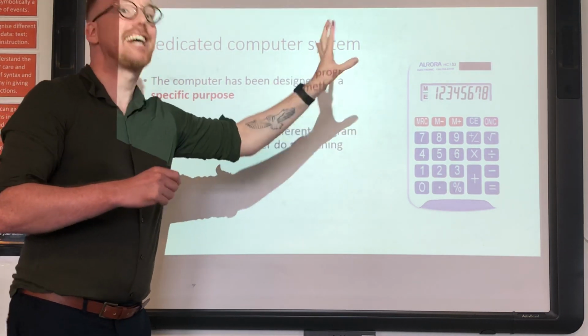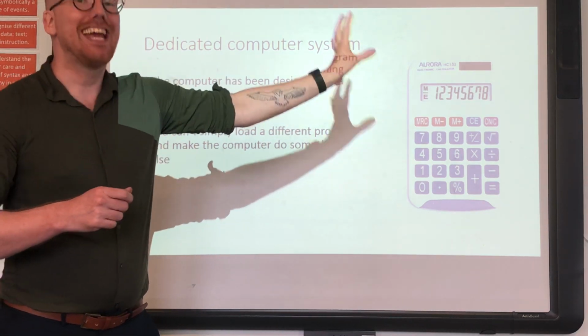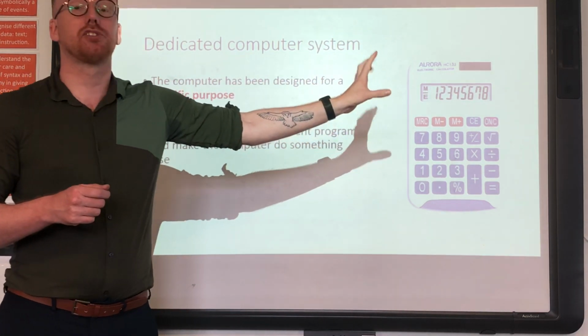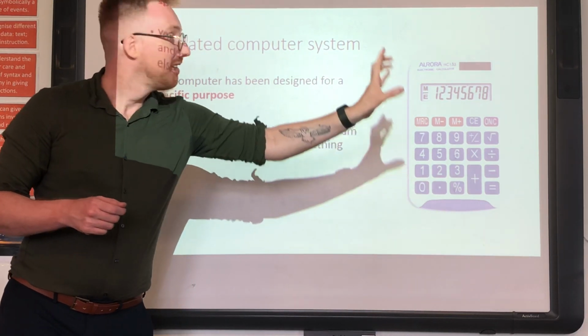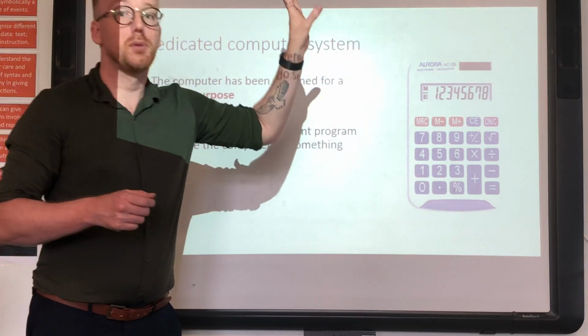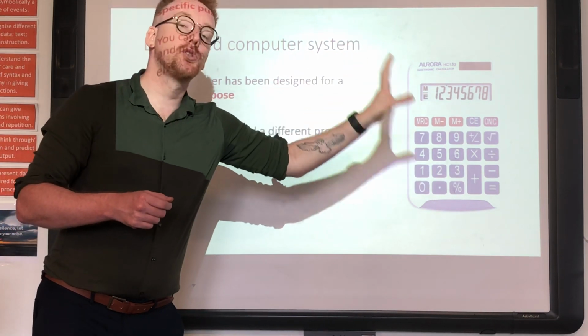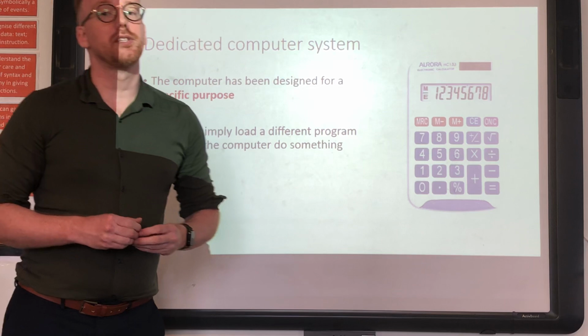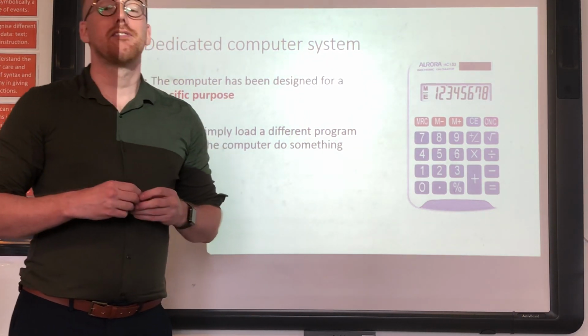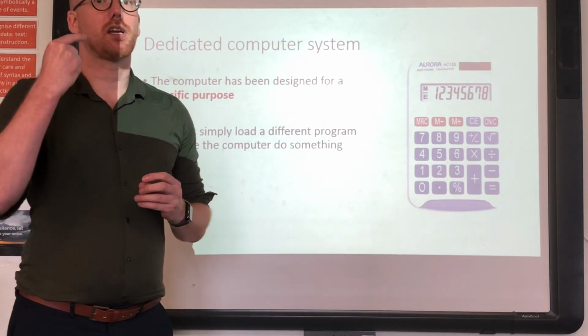The calculator can only be a calculator. It can't do anything else. You can't load a different application or a different program. This device is hardwired from the point at which it was made to simply be a calculator. So a dedicated computer system simply is a device that has one specific function.